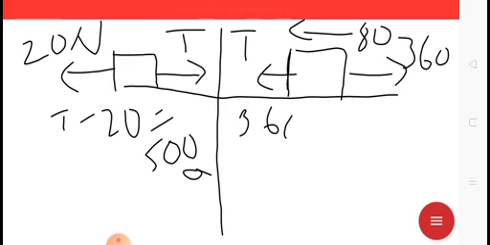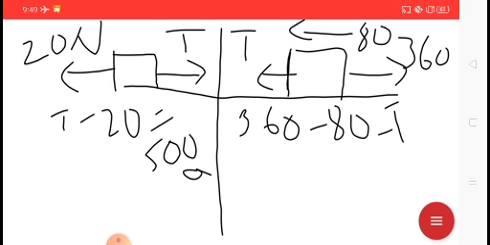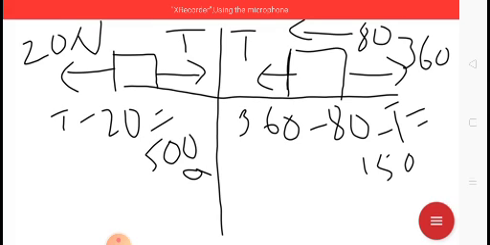360 minus 80 minus T is equal to 1500A, right? Don't forget the A, their A are the same, it's the same item, right? The tension is the same, so you have two equations, okay. So you can solve it simultaneously.